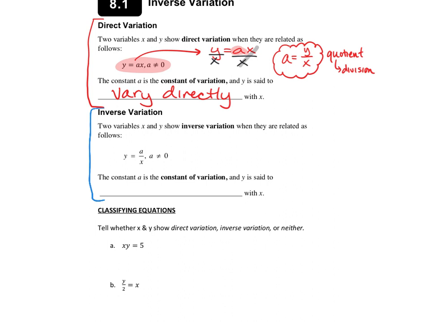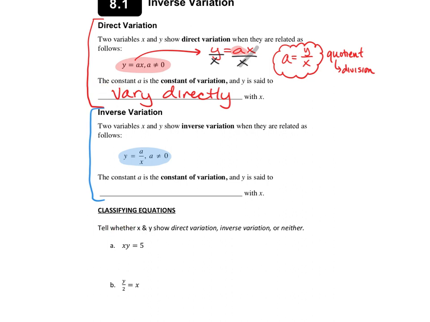If we look at inverse variation, the way that they're related is different. Compare what I've highlighted in red to what I've highlighted in blue. What do you notice? What's the same in all of them, in the red and in the blue? Yeah, the restriction is the same. It's always going to be a not equal to 0.